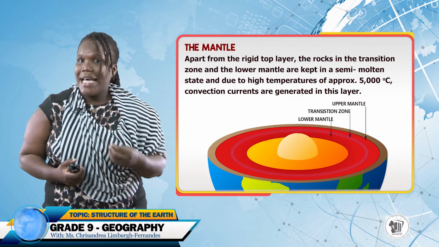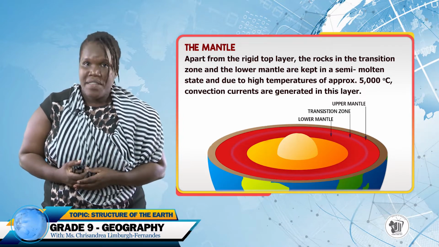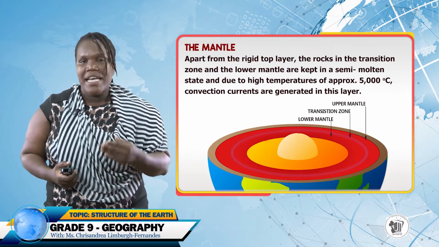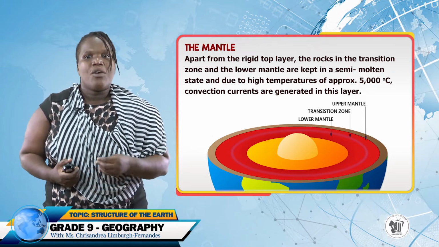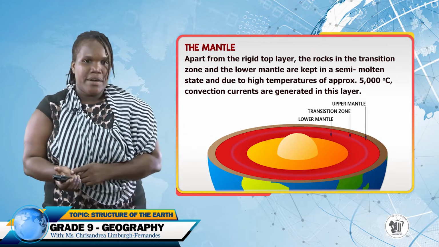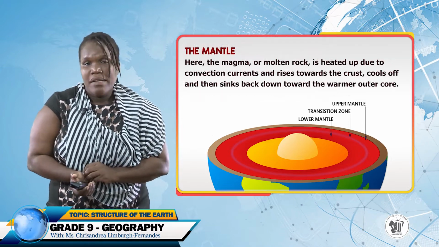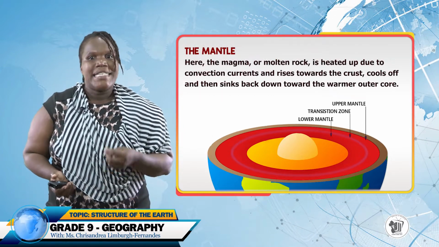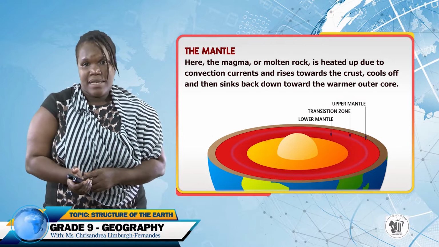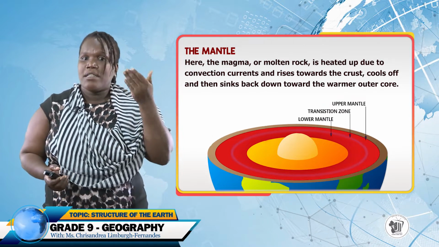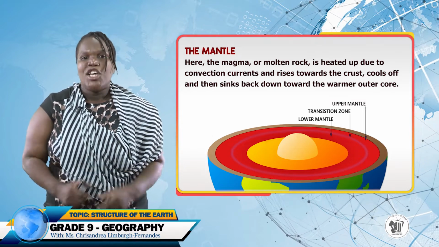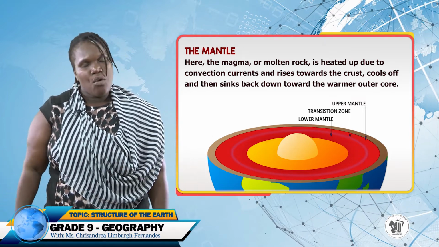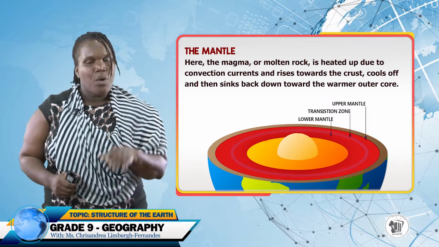And this is due to the high temperature that exists there, approximately 5,000 degrees Celsius. And convection currents are also generated in this layer. Here, the magma or molten rock is heated up, rises to the top, cools off, and then sinks back to the bottom, where it's much warmer.